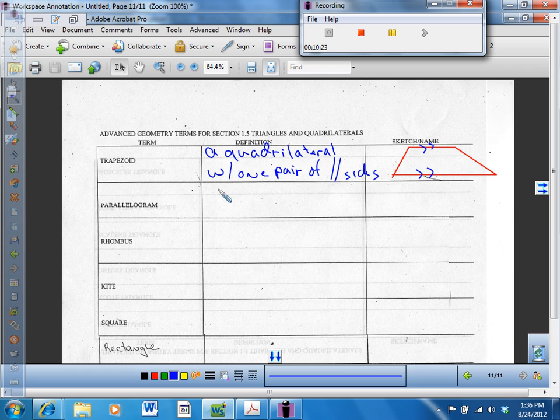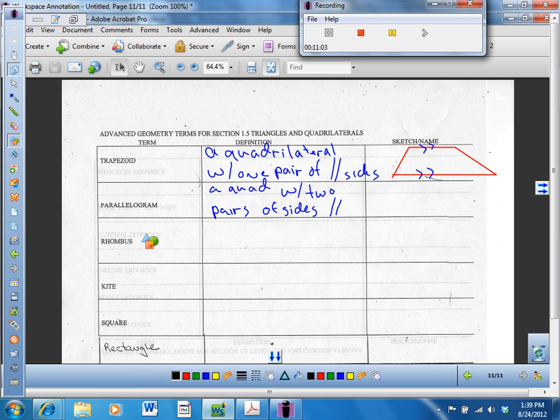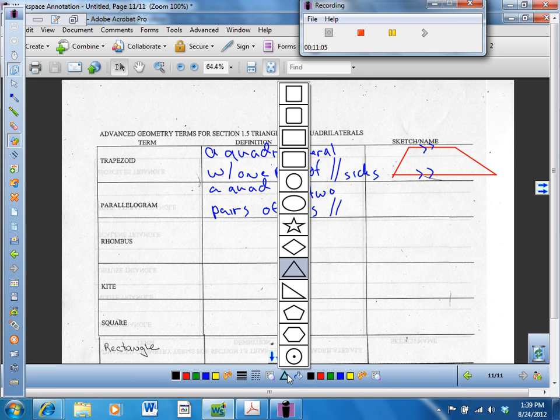So a parallelogram is a quad with two pairs of sides parallel. Okay? And with my tool, do I have a parallelogram over here? Let's see.